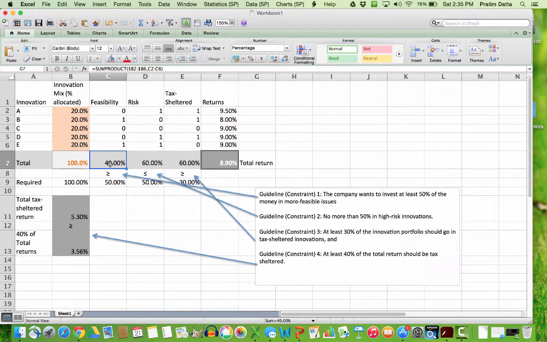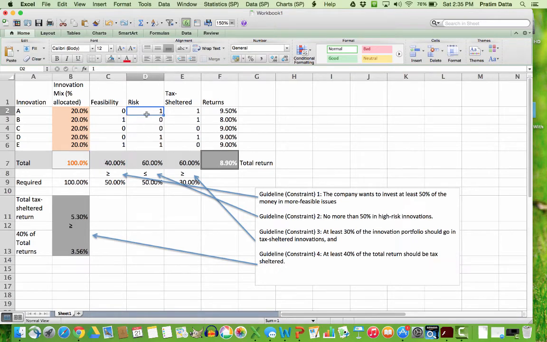So instead of calculating it as B2 times C2 plus B3 times C3 plus B4 times C4 plus B5 times C5 plus B6 times C6, we use something called a sum product, which basically just calculates the entire array, right? So sum product of this whole set and this whole set, right? And we should get exactly the same piece out here.